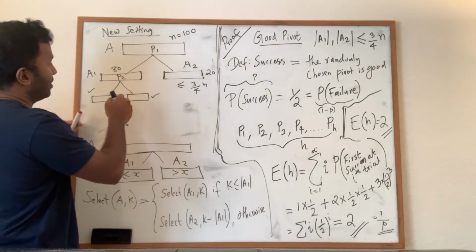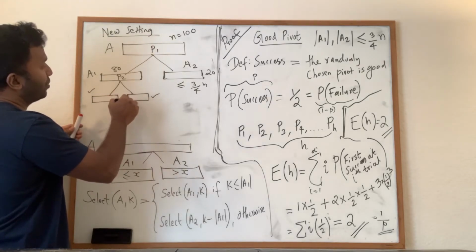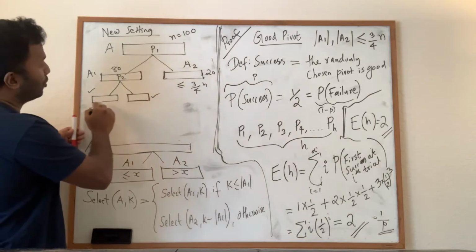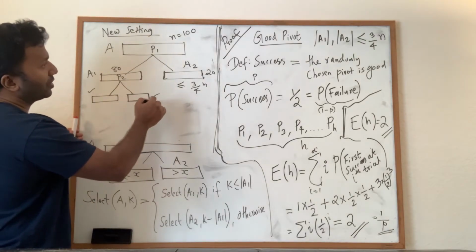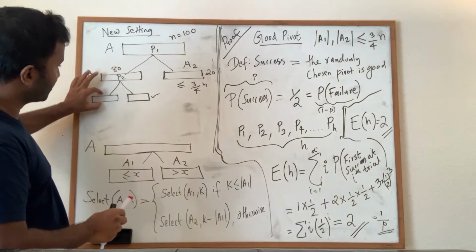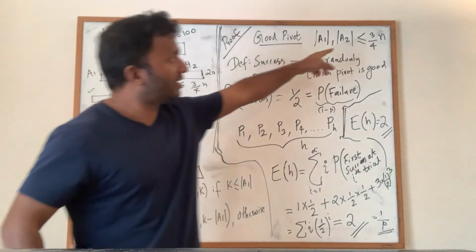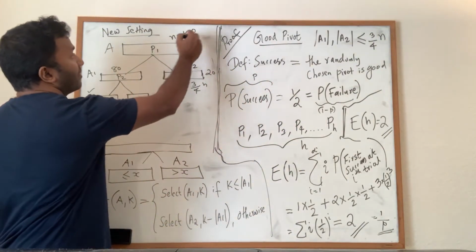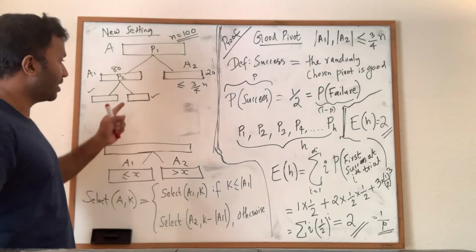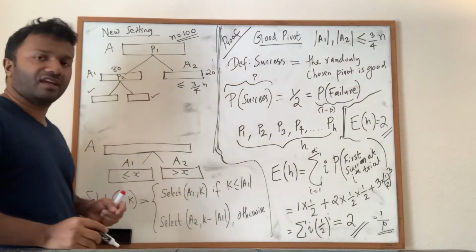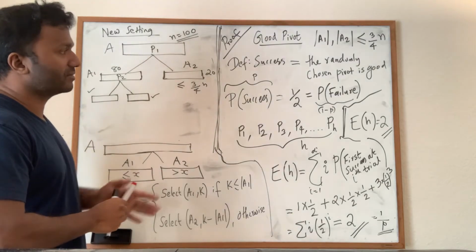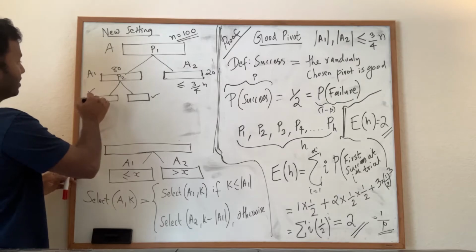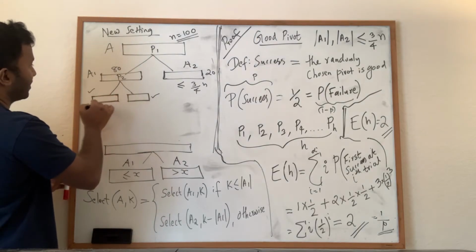The larger one I'm going to split again into two smaller subarrays, and I will see the sizes. I want the sizes of both bounded by 3n/4. Okay, n is not changing, this is n. Are they small enough? If they are small enough, I will announce success. If they are not small enough, I will go and find the larger subarray.